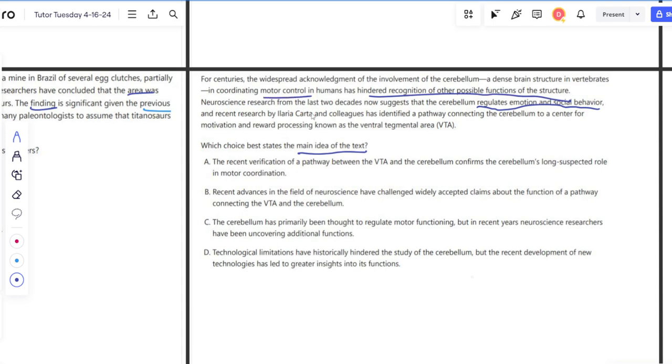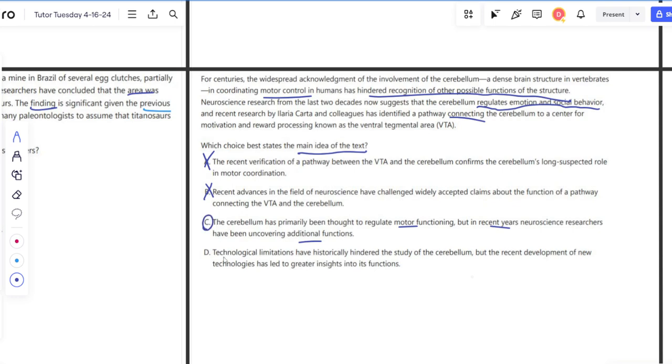It's more than just motor control. So A says confirms the long suspected role in motor coordination. That's too narrow. Recent advances have challenged widely accepted claims about a pathway connecting VTA and cerebellum. No, it's actually supporting it. Cerebellum has primarily been thought to regulate motor functioning, but in recent years, neuroscience researchers have been uncovering additional functions. Yeah, that all matches up.